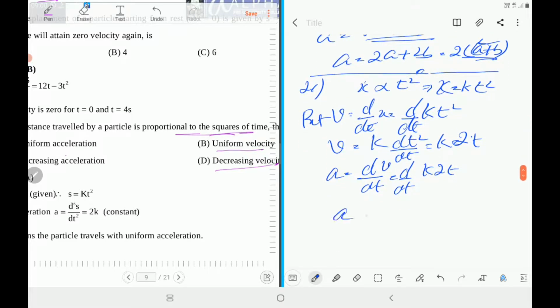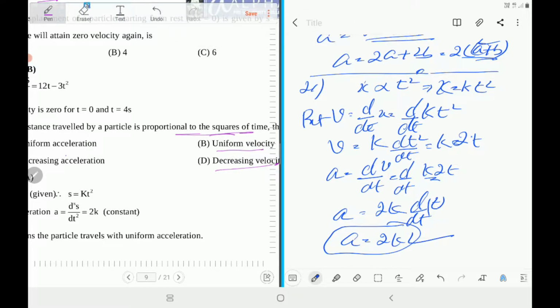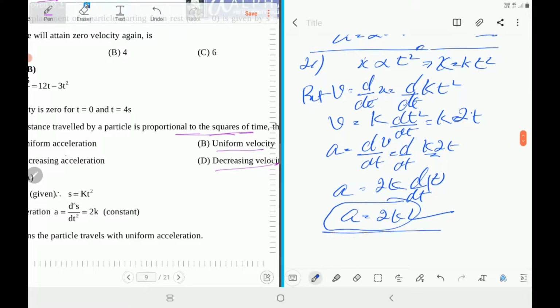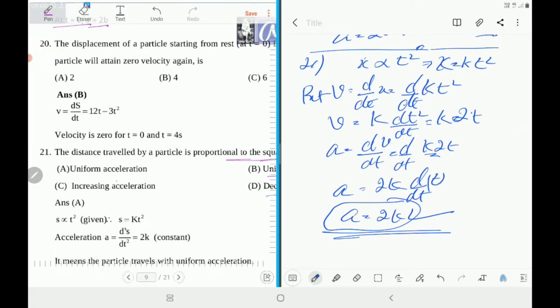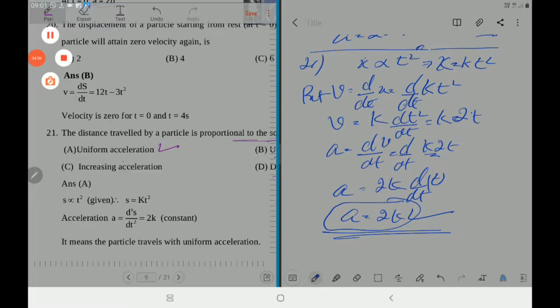So a that equal to, you take constants 2k outside, d by dt of time that equal to 1. So the value is 2k. What is 2k? 2 is a constant, k is a constant. Acceleration is a constant, not 0, but some constant value, not changing with time. So acceleration constant. So your option must be uniform acceleration, not changing, increasing or decreasing. That's how you use derivative parts to do some calculations.